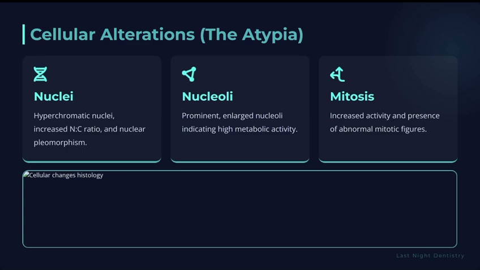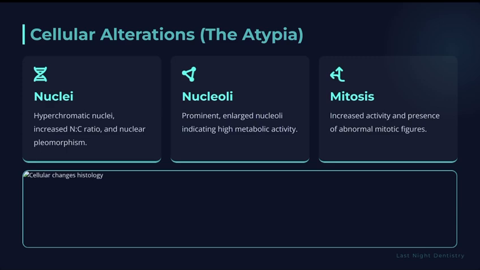Moving forward to the cellular alterations. Now let's move to the microscopic cellular changes. These are extremely important for exams. One of the first changes is hyperchromatic nuclei. That means the nuclei become darker because of increased DNA content. Then comes nuclear pleomorphism, meaning the nuclei vary in shape and size.